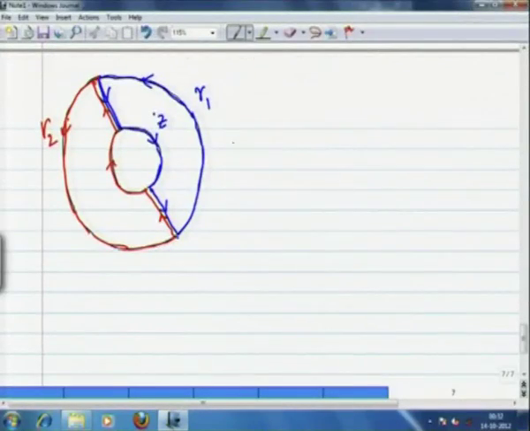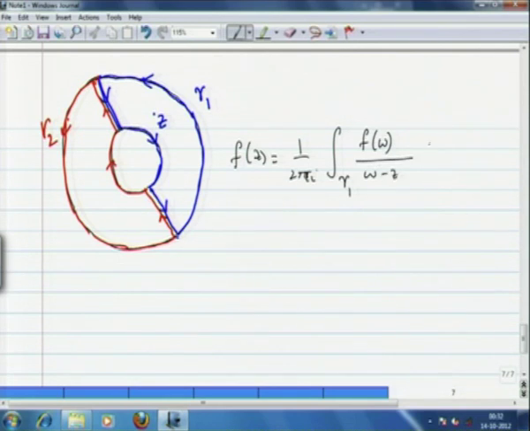So, f of z now is equal to 1 by 2 pi i times integration over gamma 1 of f of w by w minus z dw, because gamma 1 contains z in its interior and f is analytic on and inside of gamma 1.